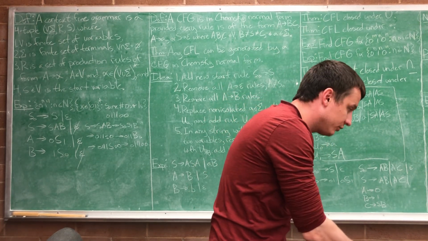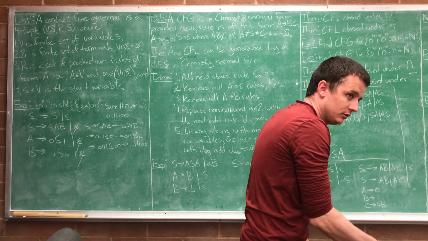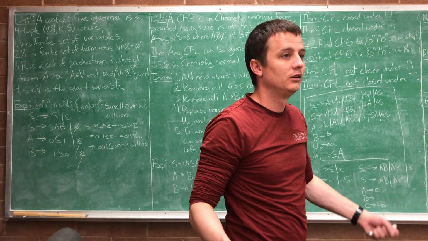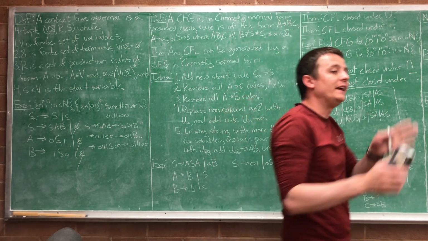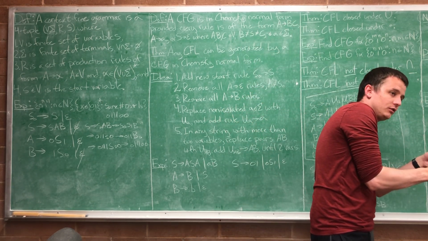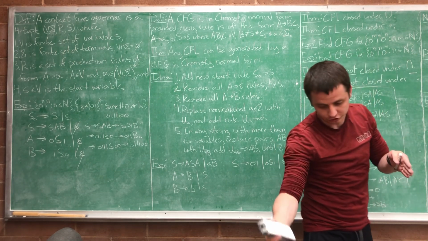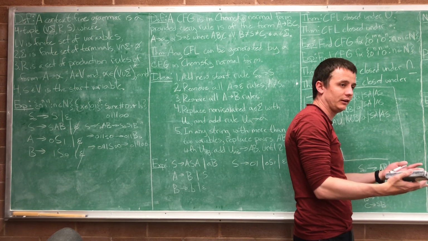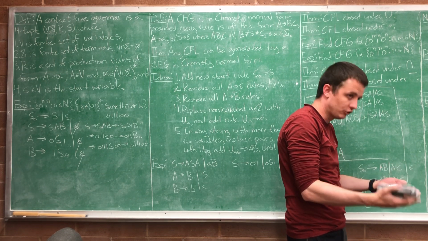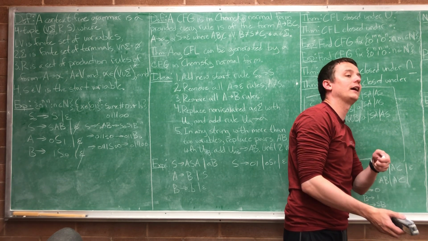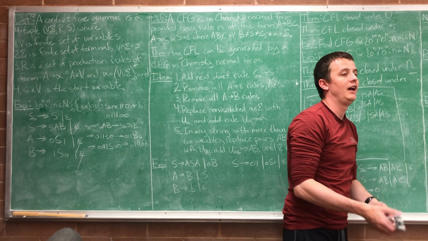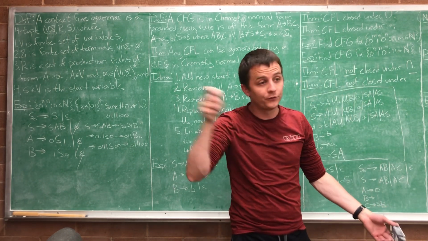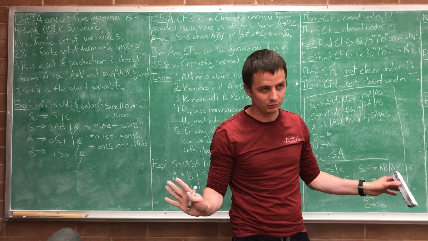So a Chomsky normal form grammar and a context-free grammar. For any context-free language, I can have just a context-free grammar that generates that language, or one that's Chomsky normal form that generates that language. So the languages recognized by context-free grammars and the languages recognized by Chomsky normal form context-free grammars are the exact same languages.